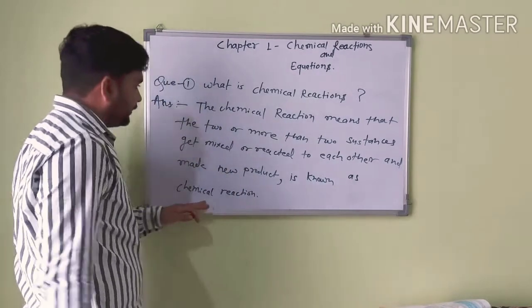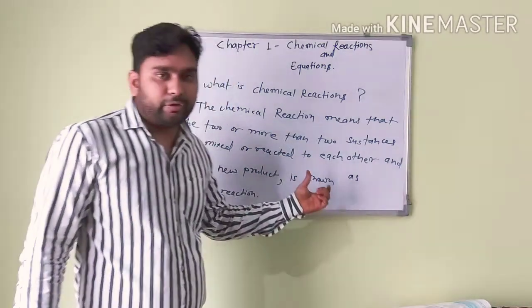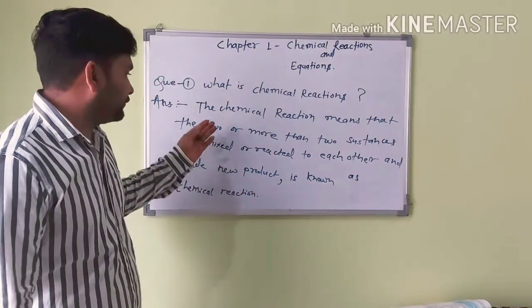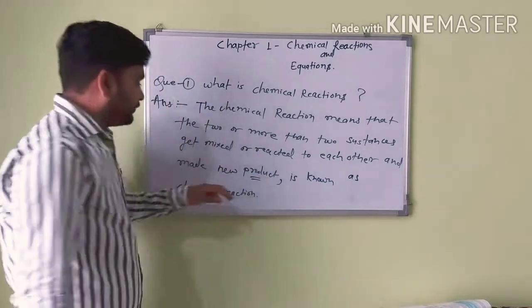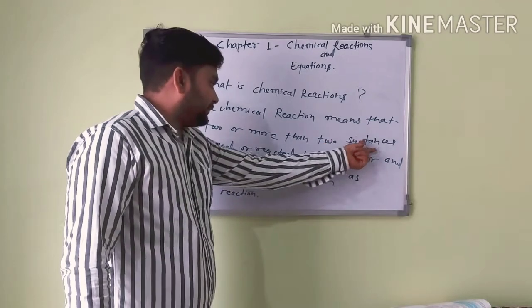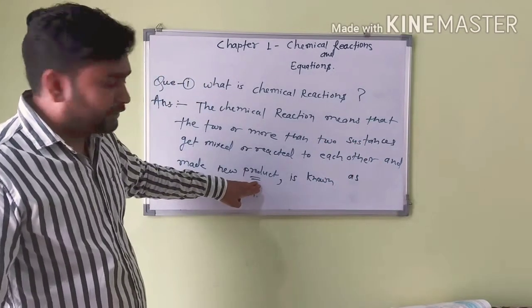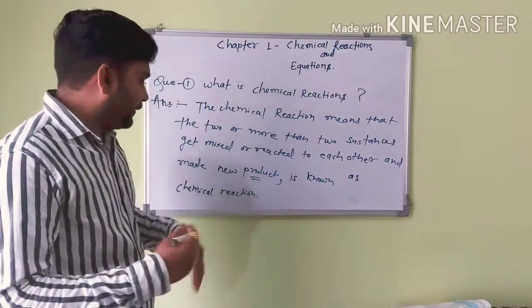Okay, dear students, though this is a definition of chemical reaction, what do you mean by chemical reaction? The different product which is made through the different substances has different properties. Everything is different.